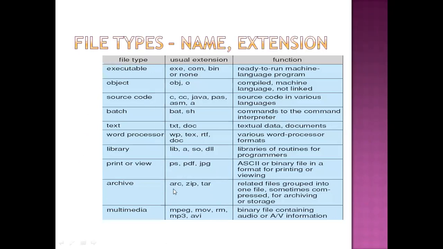This indicates the type of file like executable, object, source code, batch, text, word processor, and so on, and their extension. If it is a text file, it will be .txt or .doc. If it is source code, it may be .c, .cc, .java, and so on. And their function is mentioned here. So this indicates the different file types and their usual extensions. We have to just remember this from the examination point of view.